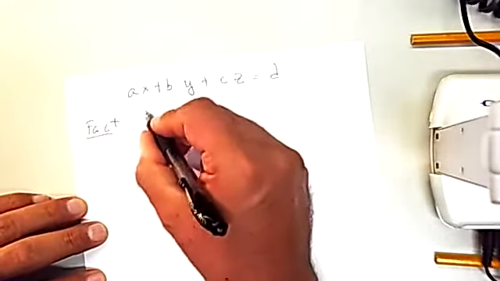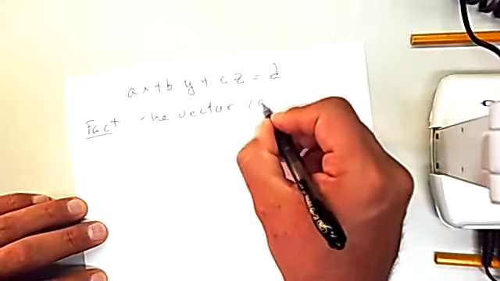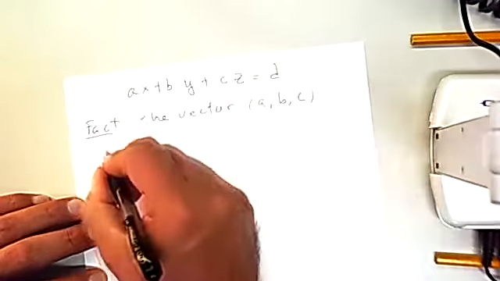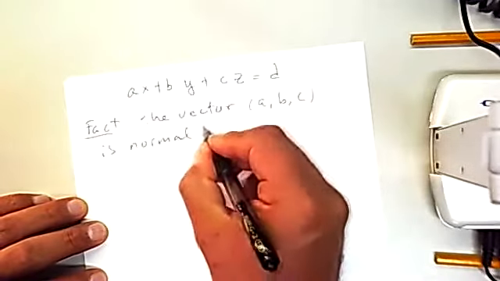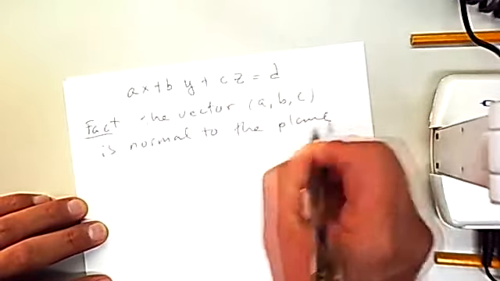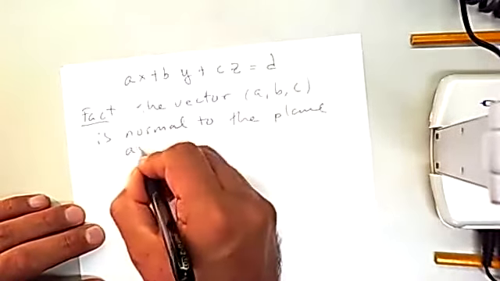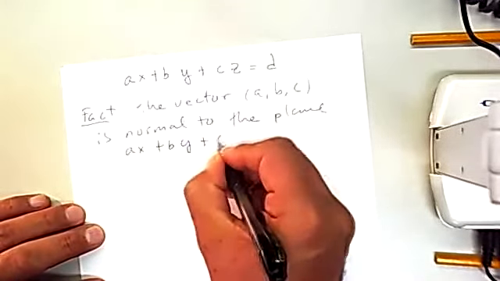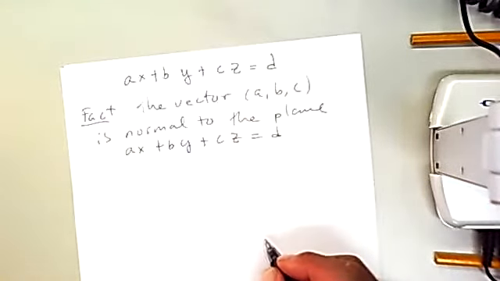Okay, so the vector a, b, c is normal to the plane ax plus by plus cz equals d. I guess I could have said just the above plane or the plane shown above.